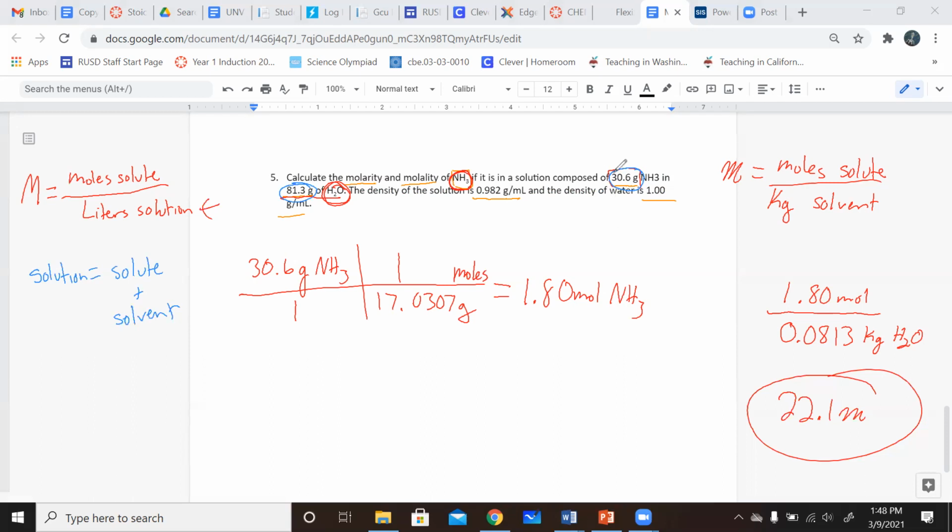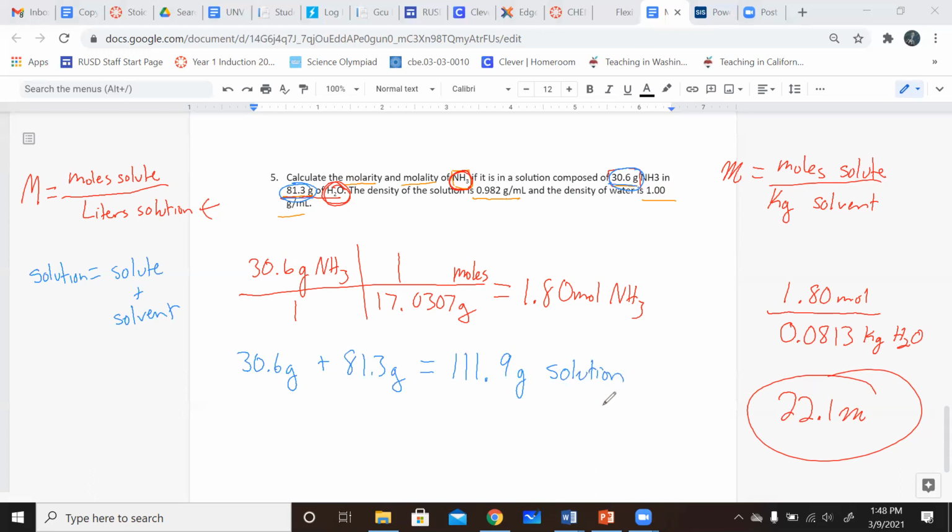The first thing we need to do is add these grams together. 30.6 grams of NH3 plus 81.3 grams of H2O is going to give us 111.9 grams of solution.